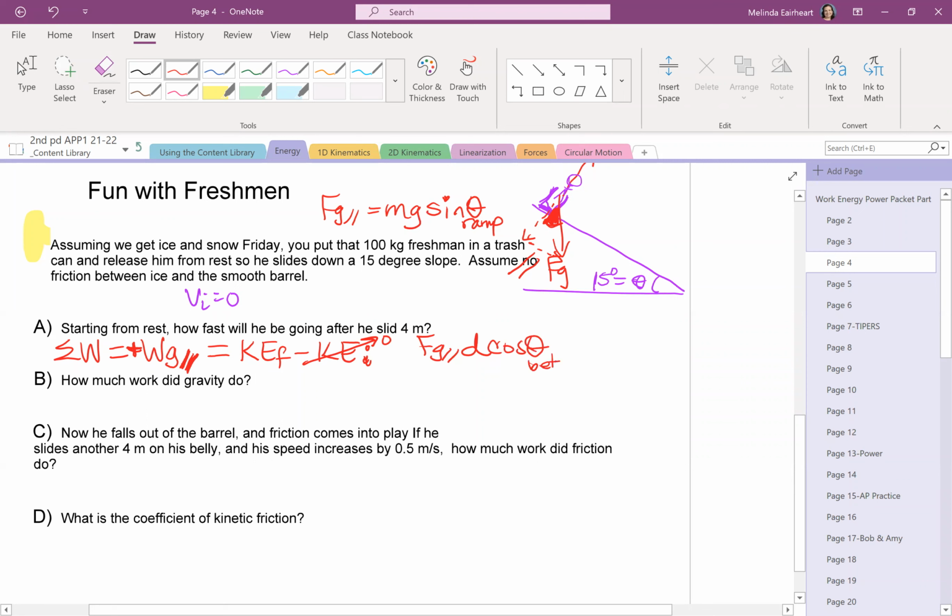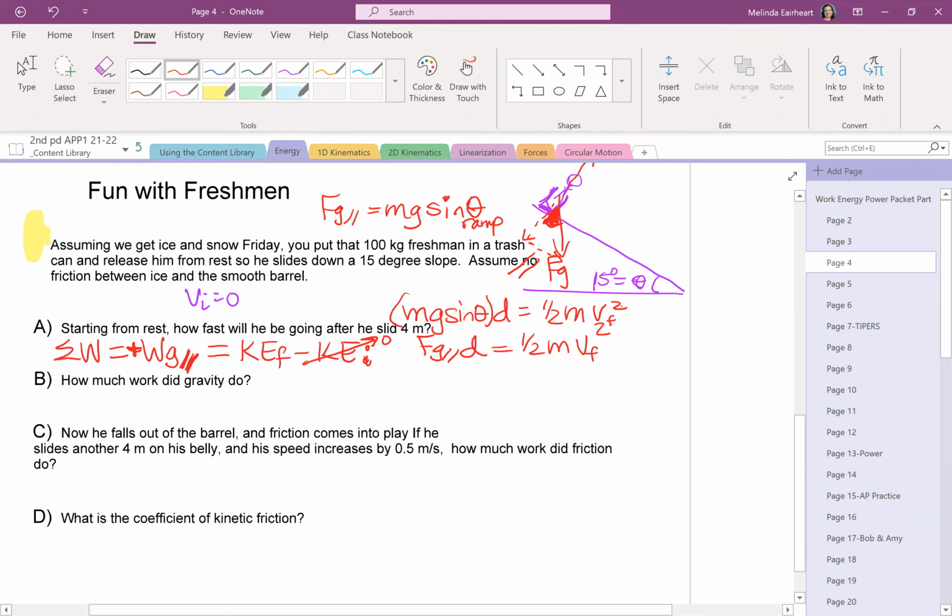We've already said it's positive, so I can erase that actually. Equals 1/2 m v final squared. mg sine theta times d equals 1/2 m v final squared.